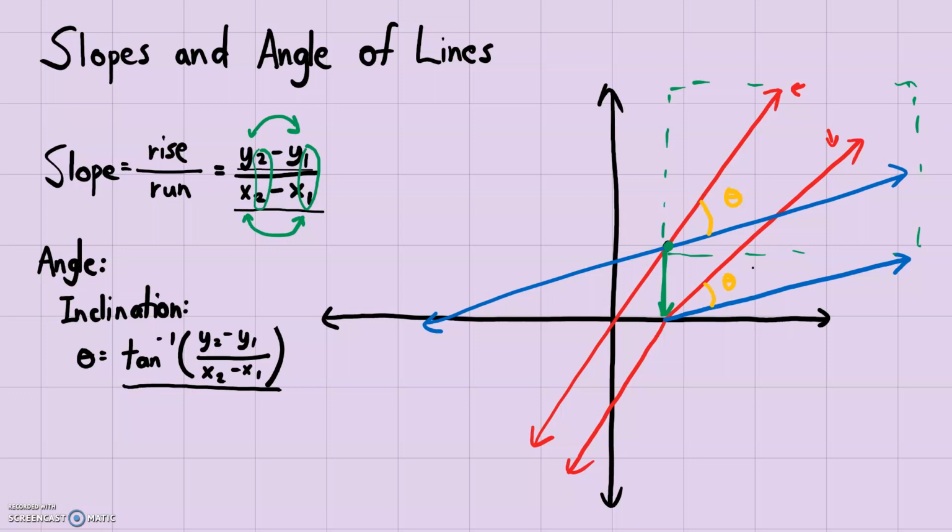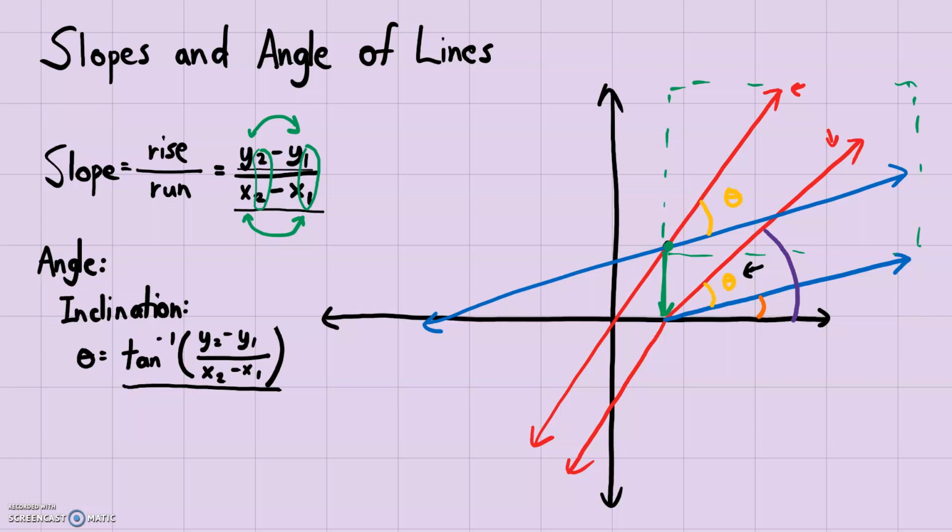And if you look at this angle, well, that is just the difference between the inclination angle of the red line, that angle right there, minus the inclination angle of the blue line, minus this angle. Right? So the purple angle minus the orange angle will equal the yellow angle.